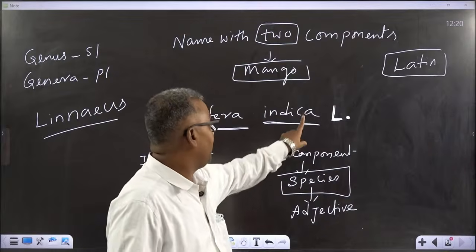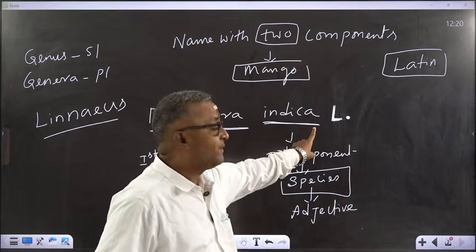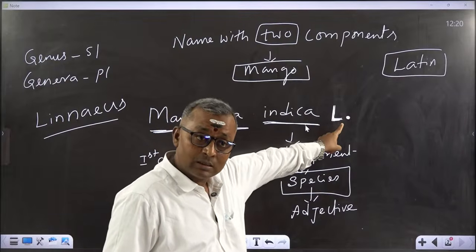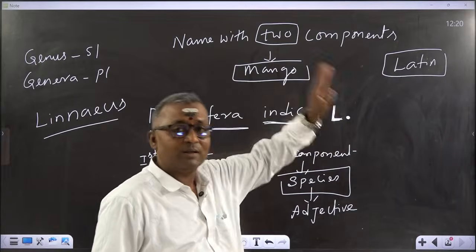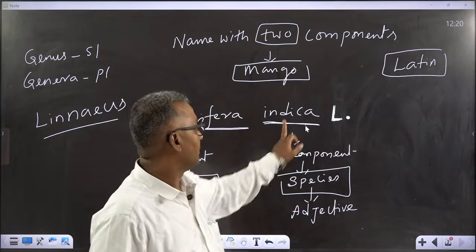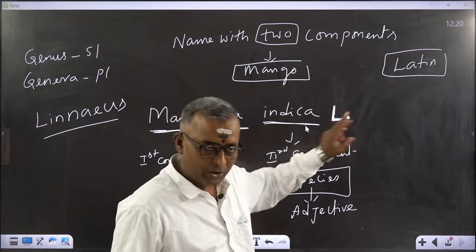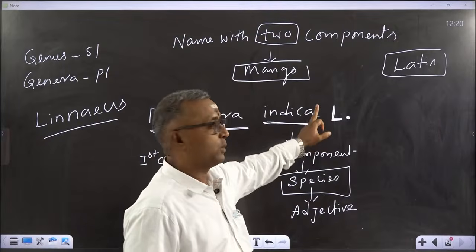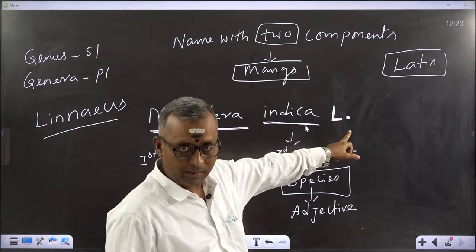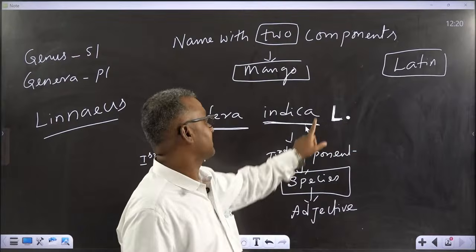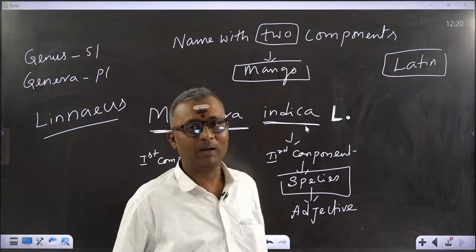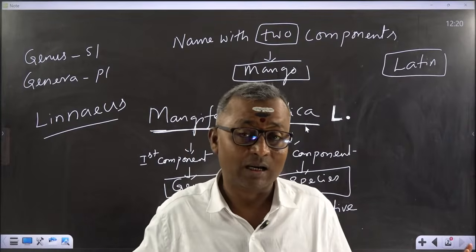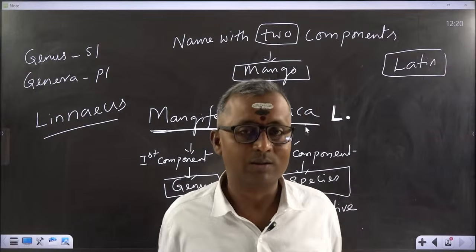There must not be any punctuation between the specific epithet and the abbreviated letters of the scientist. Just give a space and then write the abbreviated letters of the scientist who described this particular plant. These are the rules we have to follow while giving scientific names to any organism.